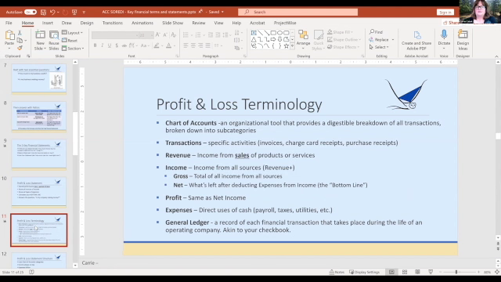Some of those terms that we talked about a minute ago, I want to dig a little bit deeper. In order for you to have a good profit and loss statement, you need to have some very specific components in your accounting system. And we will talk about an accounting system in general terms.